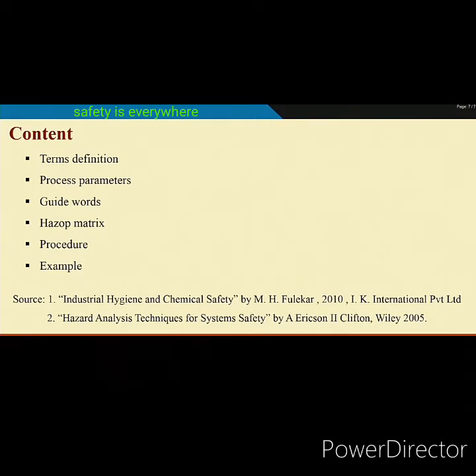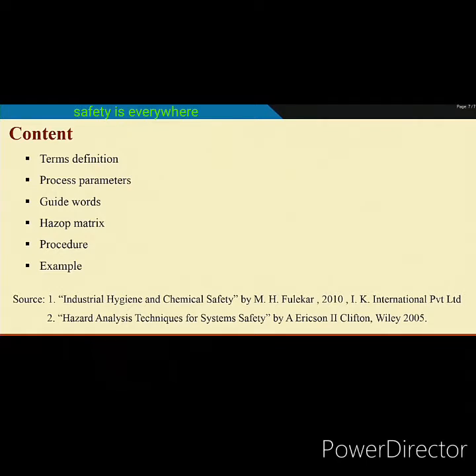characterized by several process parameters, and there is design intent, and accordingly the parameters may deviate from the intended design.